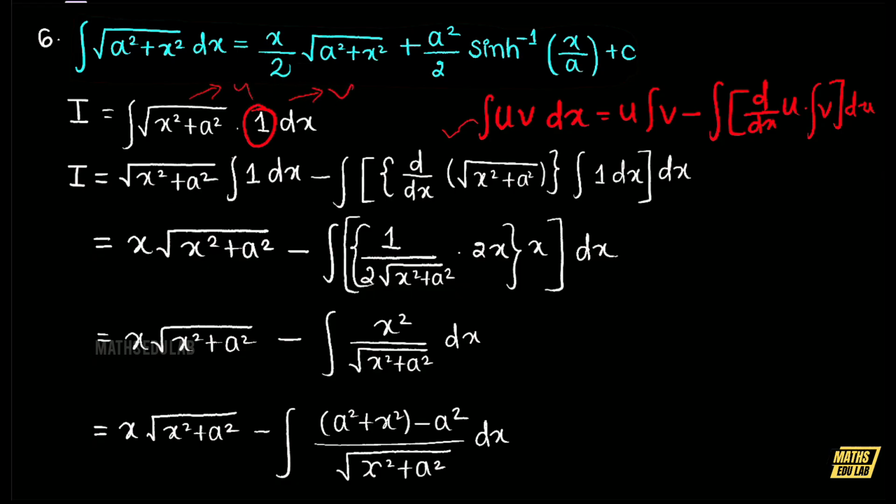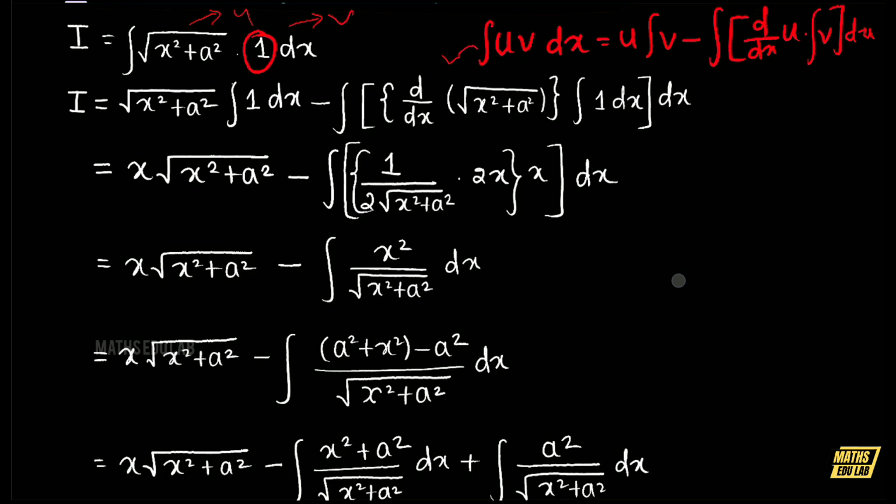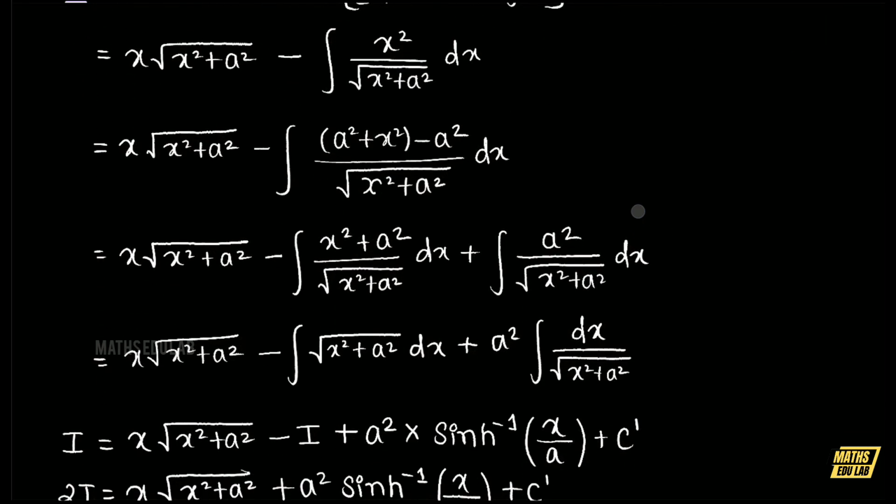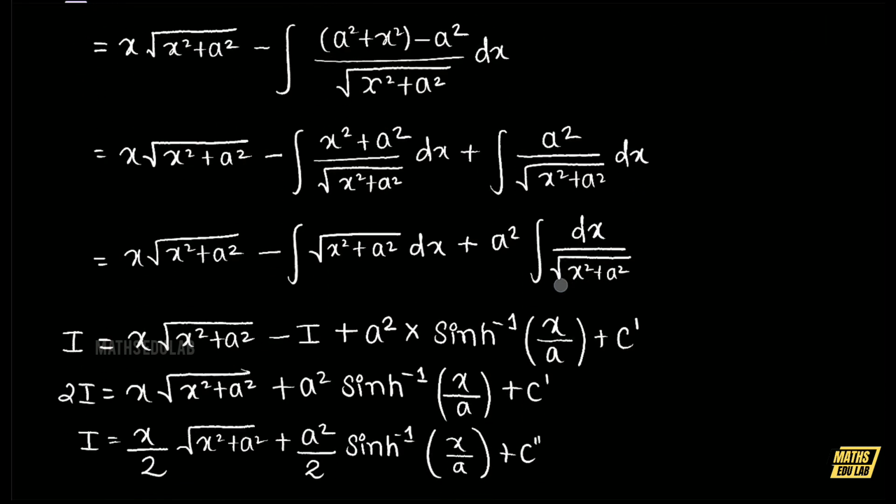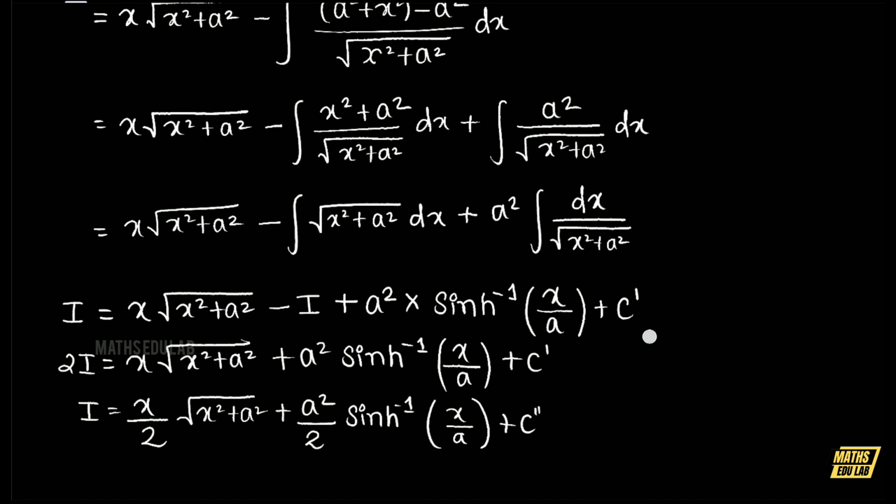So on solving those values, we get the value of I as x root over x square plus a square minus integration of root over x square plus a square dx, plus a square, as a is a constant value, so on taking a square, integration of dx upon root over x square plus a square.